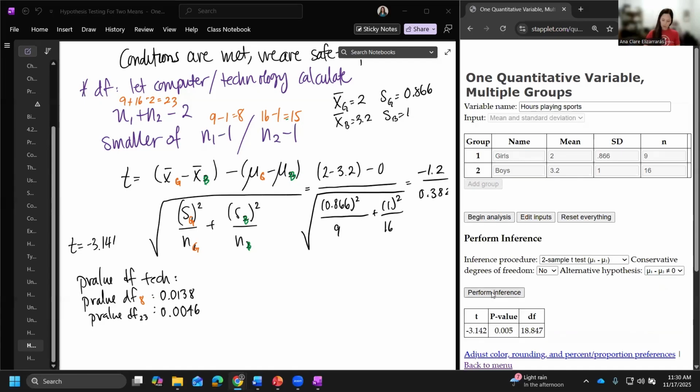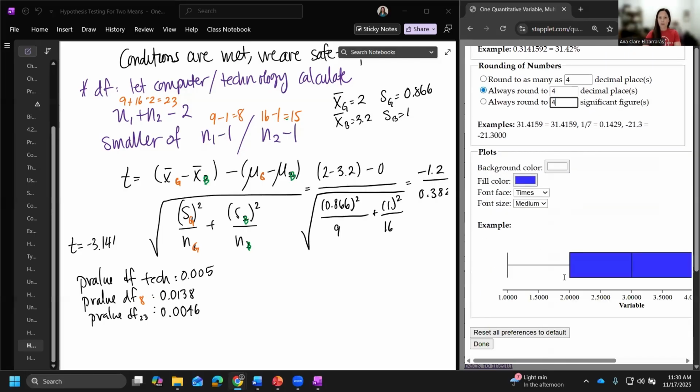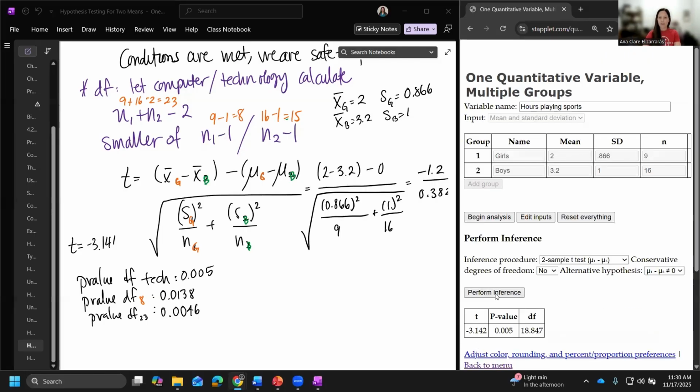So when we perform inference, we get roughly the same t-value. We're off by the thousandth, but our p-value is 0.005. If I adjust my rounding to say 4 digits of precision here, and then I am done, I go back here, 0.0054.